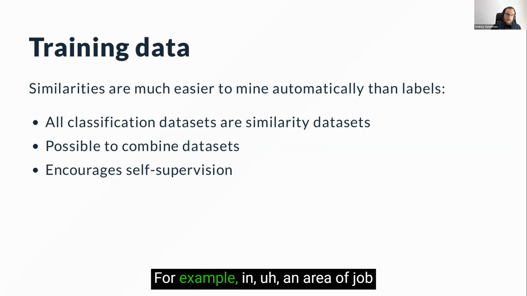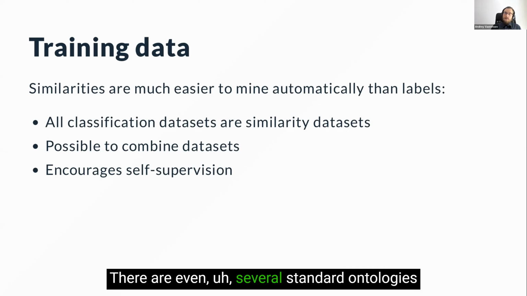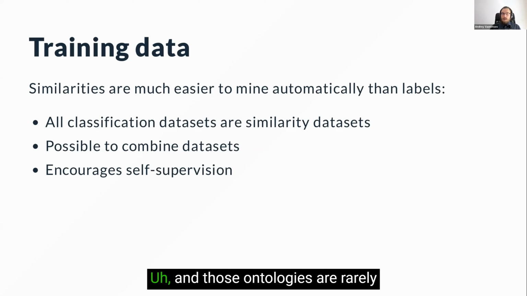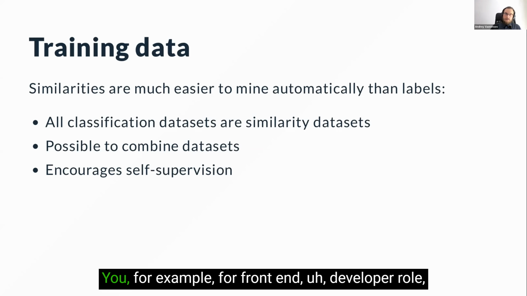For example, in the area of job matching, there are a lot of different approaches to categorize jobs. There are even several standard ontologies for assigning roles to positions, and those ontologies are rarely compatible with each other.